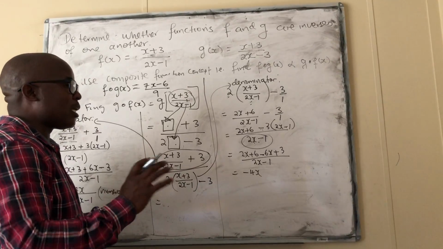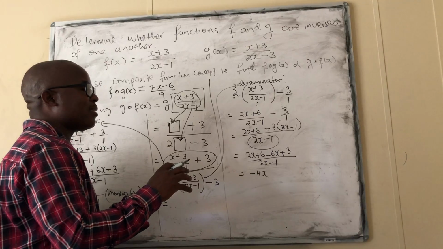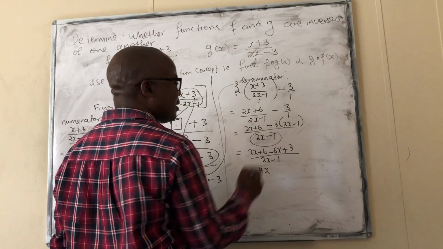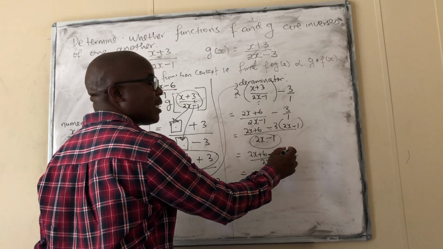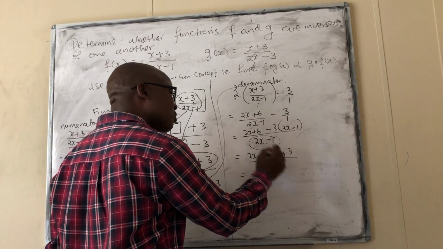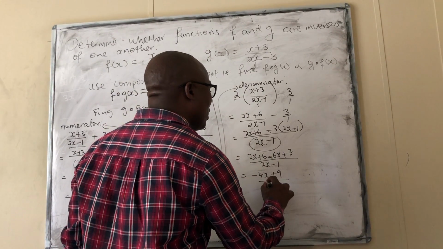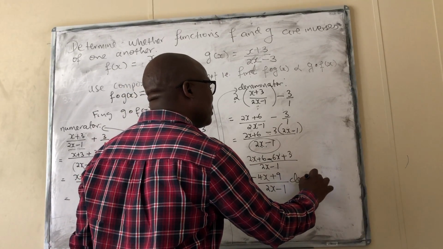You do the ordinary subtraction and then attach the negative sign to your final answer. Then 6 plus 3, not 6 minus. This minus is not in any way attached to this 3; it's only attached to this one. So it's 6 plus 3, that will be plus 9, all over 2x - 1. So this is our denominator.